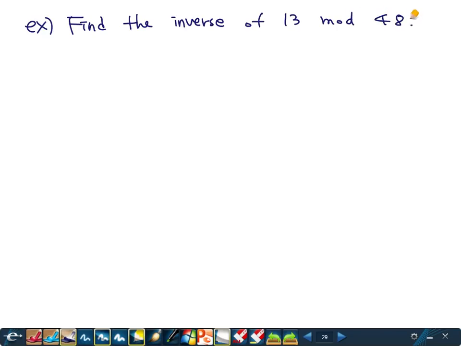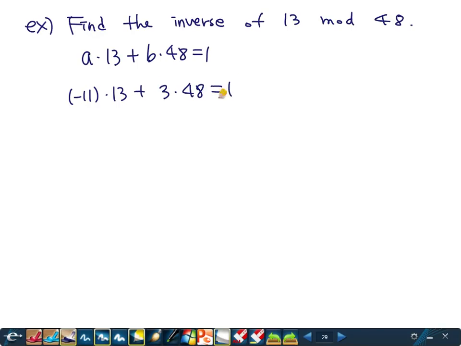We need to first find A times 13 plus B times 48 equals 1. But we already did that, so let's use that. We already found this in the previous page. 3 times 48. We just showed that we have this. What is the inverse then? What is the answer?